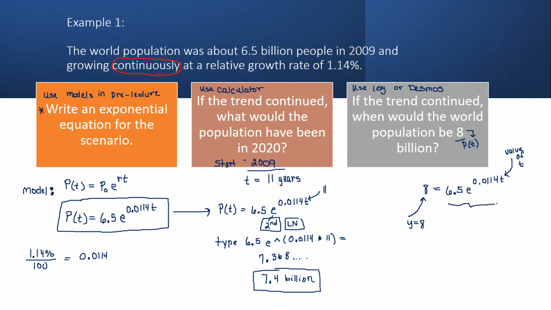I'm also going to take this half of the equation, and I'm going to say y equals 6.5 e to the 0.0114x. And so I'm replacing that t with an x because Desmos likes x and y, and that gives me 2 formulas. So each half of my equation, the left of the equals, the right of the equals, becomes its own equation in Desmos.